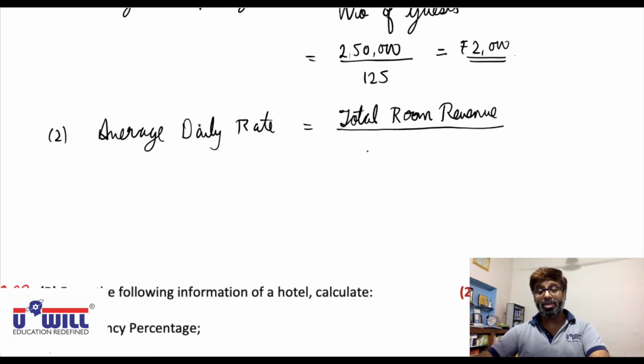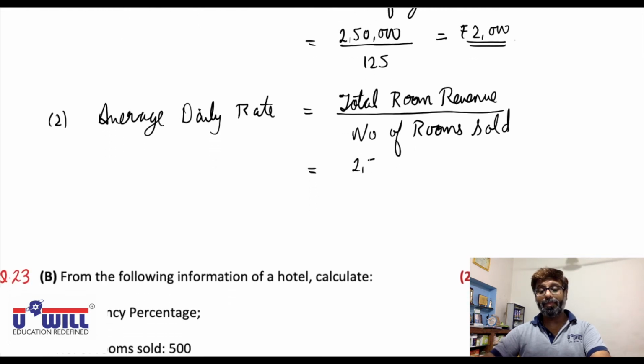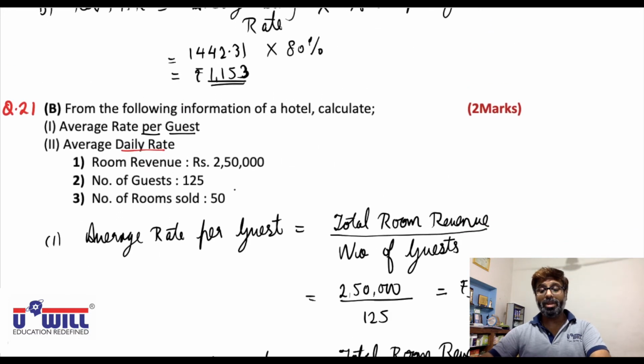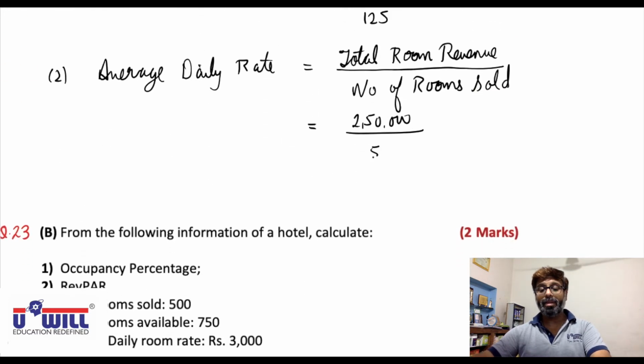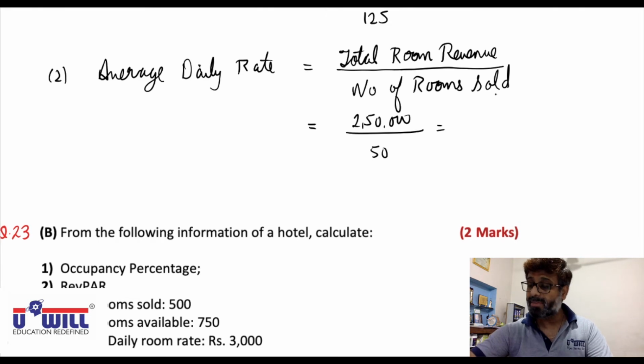Average daily rate means you divide by number of rooms sold. So that is equal to total room revenue, say 2,50,000, and number of rooms sold are 50. So divided by 50. 2,50,000 divided by 50. 5,000 is the average daily rate of every room. I hope everyone is clear with this.